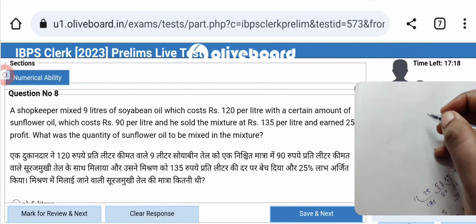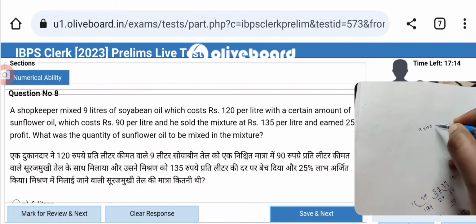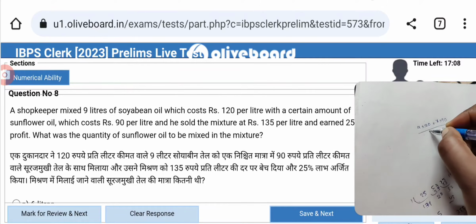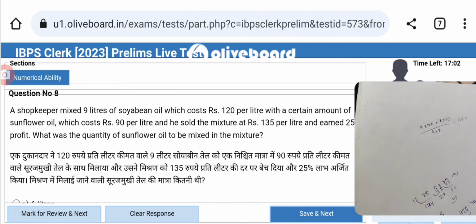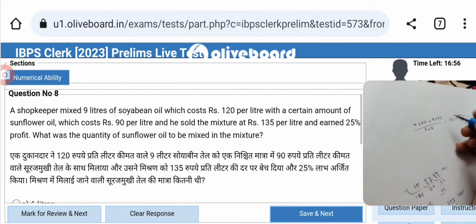Next one. A shopkeeper mixed 9 liters of soya bean oil at 120 per liter and a certain amount of sunflower oil, that is X, at 90. He sold 9 plus X at 135. 25% profit.